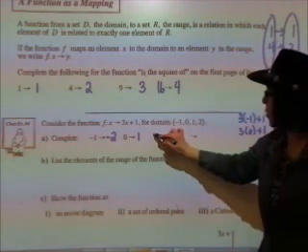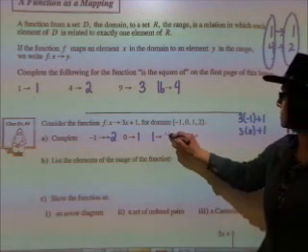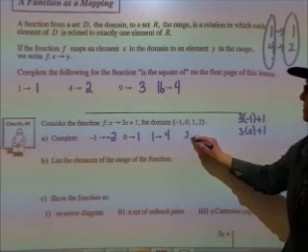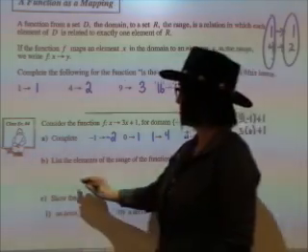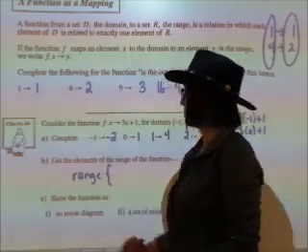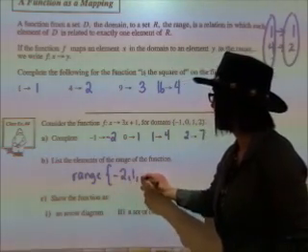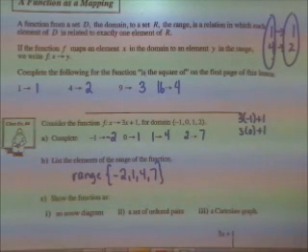If I input 1, I get 4. If I input 2, 7. So what are the elements of the range? -2, 1, 4, and 7. The range are my output values.